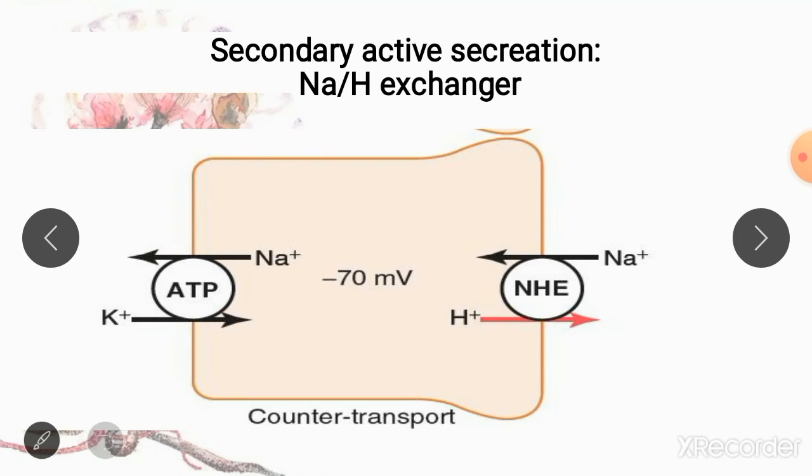And since hydrogen is being secreted, this is an example of secondary active secretion, and this protein over here is known as a sodium hydrogen exchanger, and you can see that no ATP is being broken over here, so this is not an example of primary active transport. In fact, it is an example of secondary active transport.